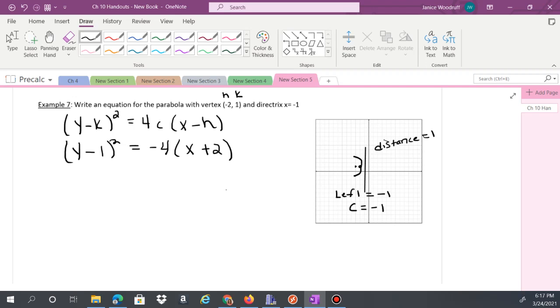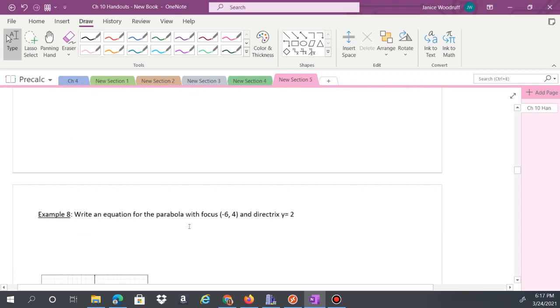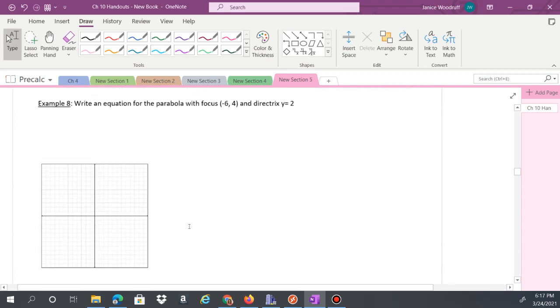Okay, we got one more example and then we'll do practice. Okay, so focus and directrix again. So you have a focus of negative 6, 4. And a directrix y equals 2.